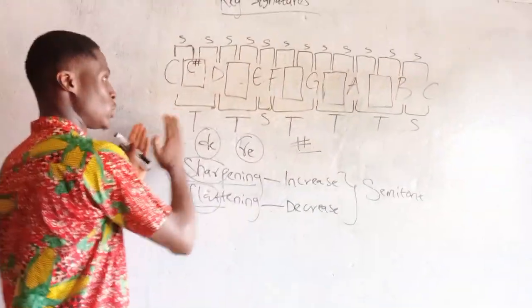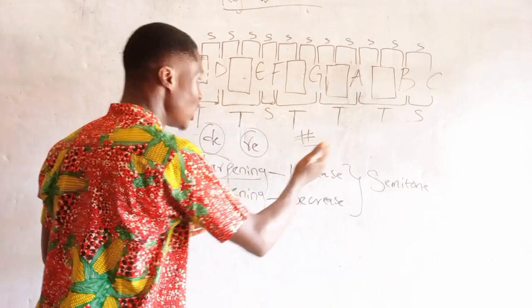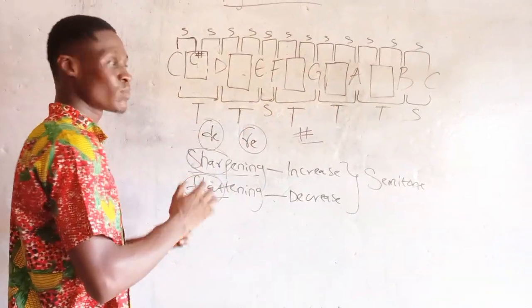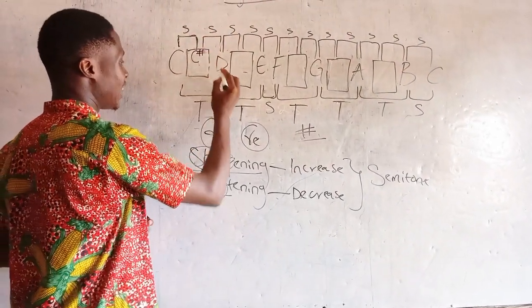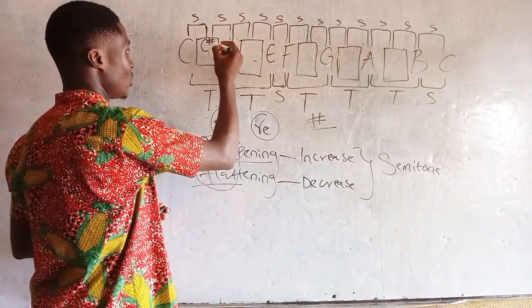So if I move from this way to this way, you are sharpening, you are increasing. From this way to this way, you are flattening or you are decreasing. So moving from D this way, you are flattening, and flattening is always by a semitone, and this ends here.